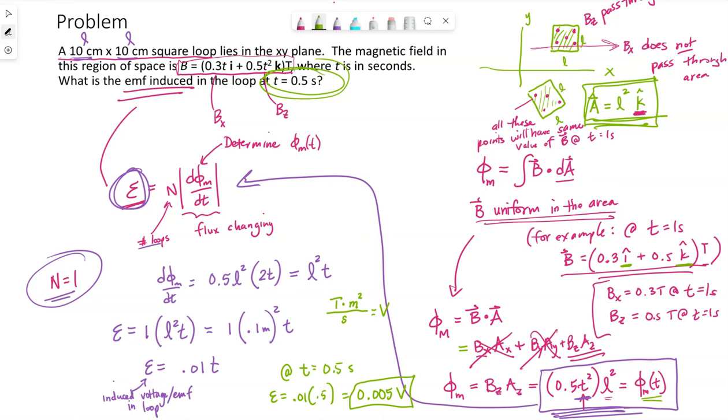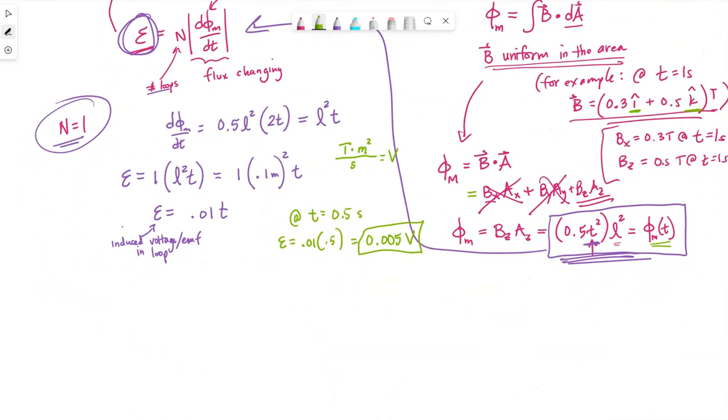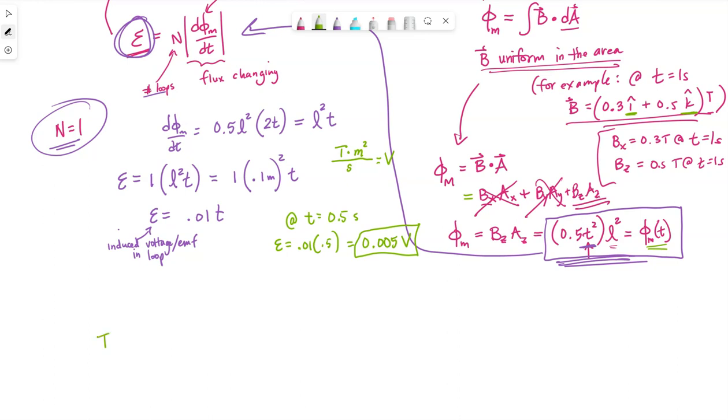We're told in here on this page that a Tesla is a Newton per amp meter. We're also told that a volt is a joule per coulomb. We know a joule is a Newton times a meter. We know an amp is a coulomb per second.